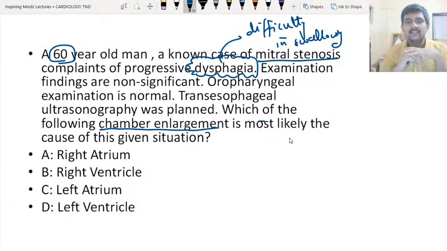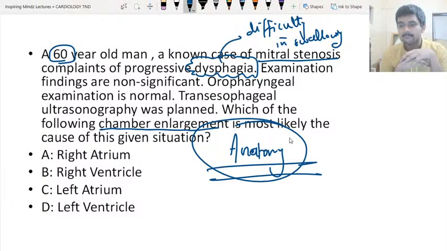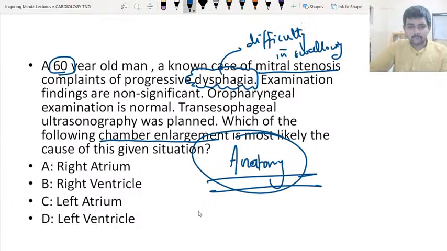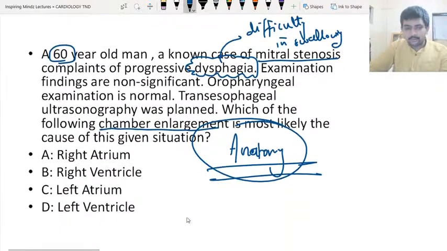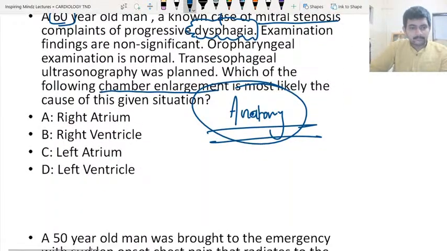Fine. If you observe this really carefully, you just need to apply anatomy. This is nothing but a simple question of anatomy. It is nothing related to medicine, nothing related to surgery. The only thing you need to know here is the anatomy of your mediastinum.